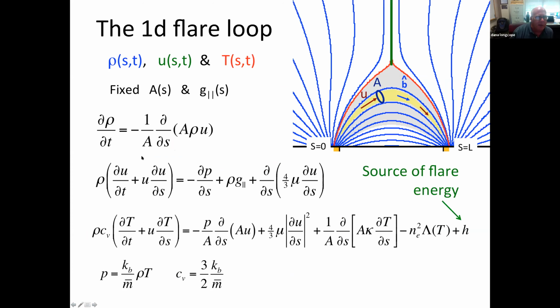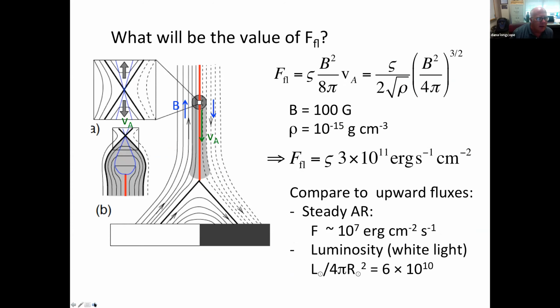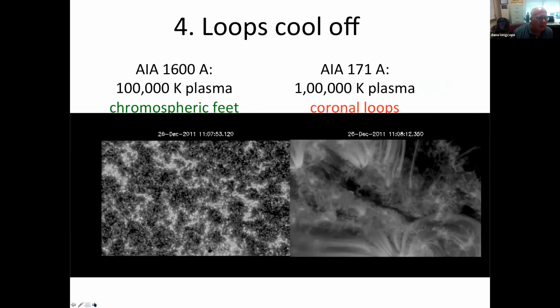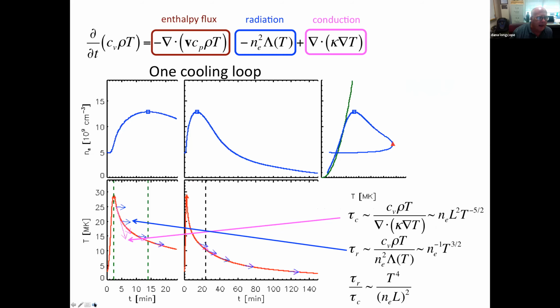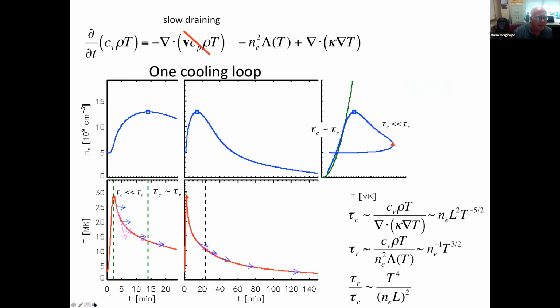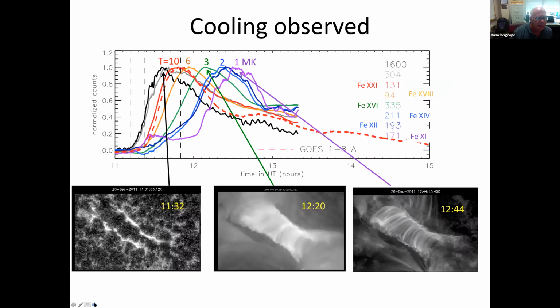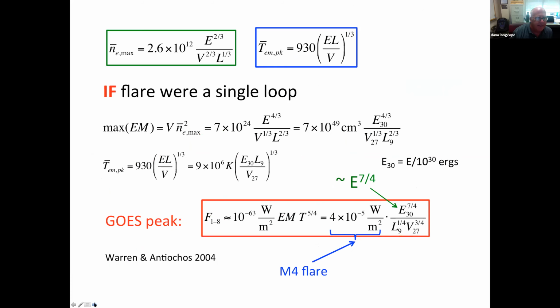So if you had a flare that satisfied those equations and was a single loop, then the peak X-ray flux, the reported classification here, would go as the energy you put in to the 7/4 power, the length of the flare loop to the -1/4 power, and the volume separately.